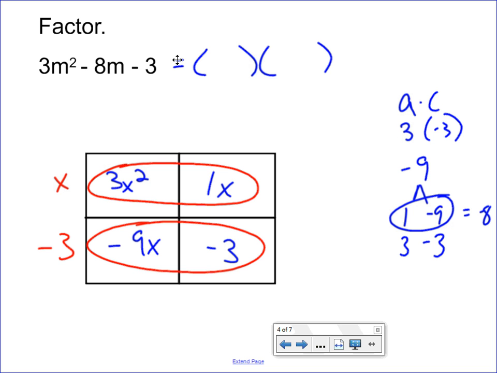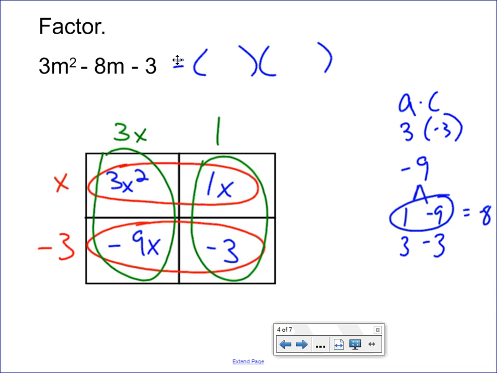So that would be our factor on that side. If we look this way, these two terms have a 3 and an x in common. And these two don't have anything except a 1 in common. So my two factors would be 3x plus 1 and x minus 3.